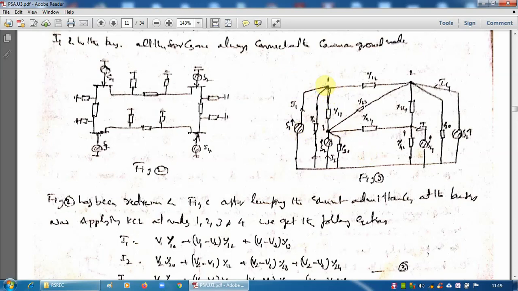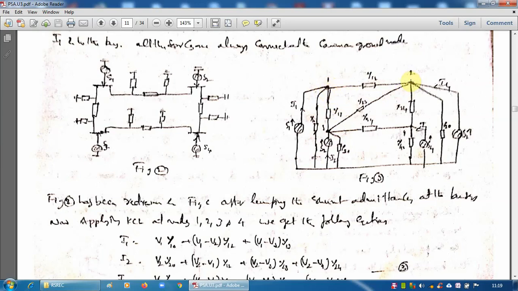What are those admittances? At node 1, only three admittances. So the sum of these three, that is Y12, Y13 and Y10, gives Y11.